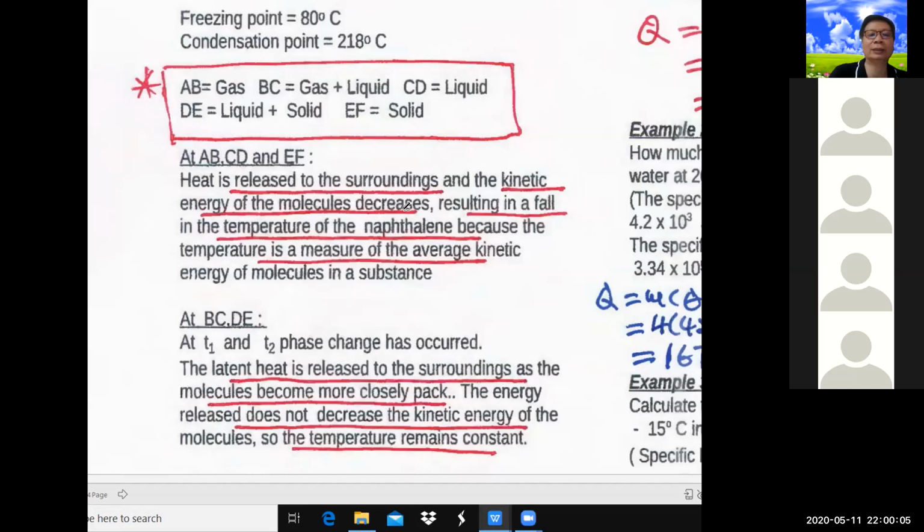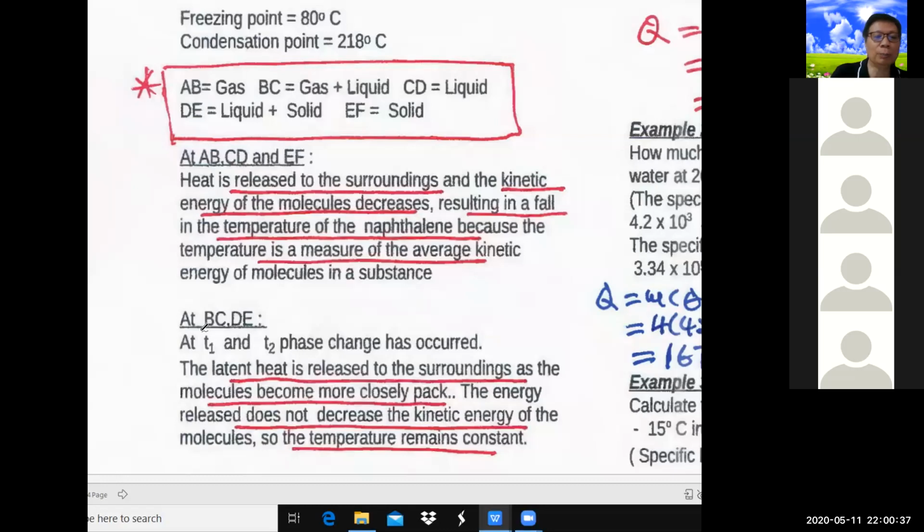So the kinetic energy of the molecules decreases, resulting in a fall in the temperature, because temperature is a measure of kinetic energy. Understand now? So during A, B, C, D, E, F, the reason the temperature drops is because heat is released to the surrounding. When heat is released, it makes the kinetic energy drop. Less kinetic energy, so the temperature drops.